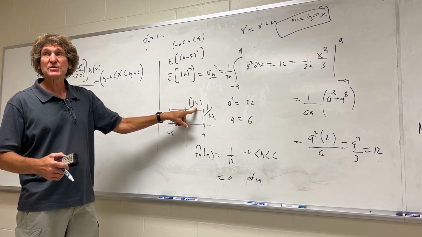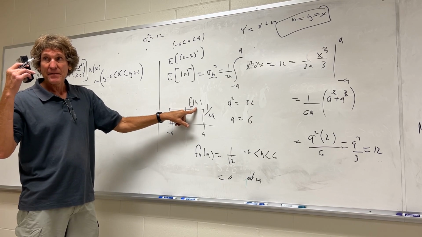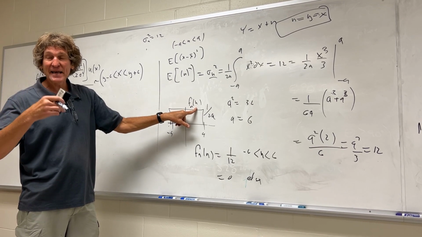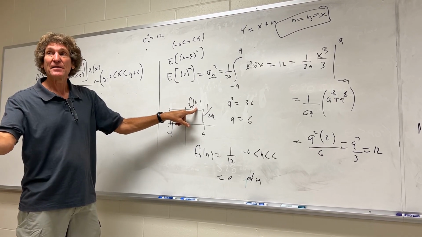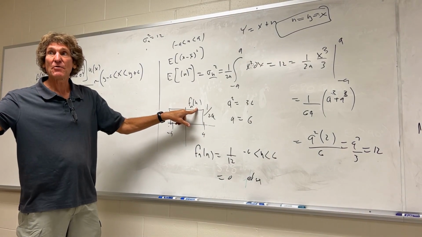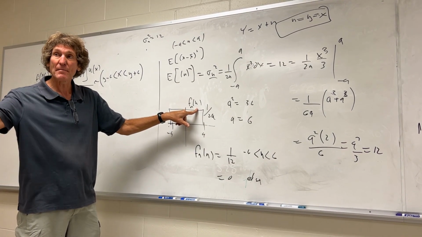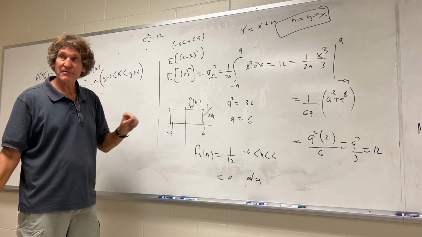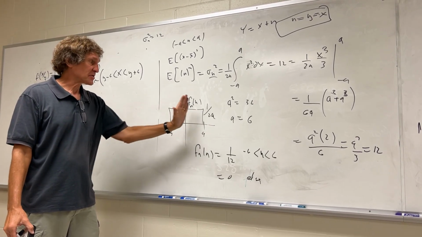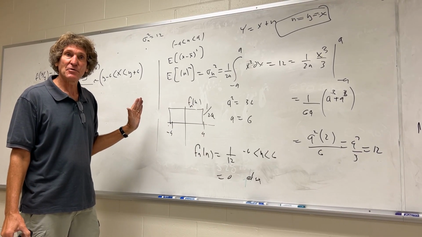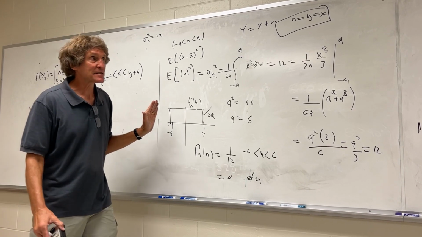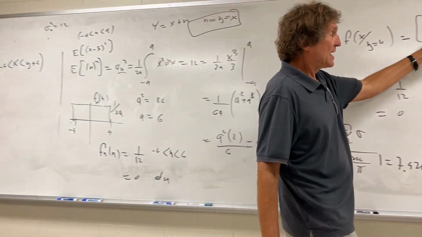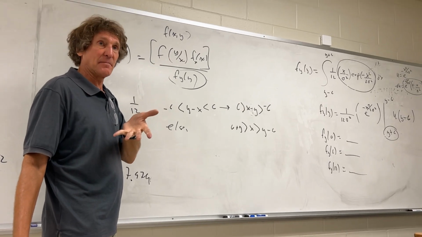Because y is observable, they want f of y given x. X is given. The only thing that varies is the noise, but we can say the noise is y minus x. So now we have this, right? And you'll notice it's constant. So the only thing we need to do is figure out where it exists. So this right here has an existence limit.